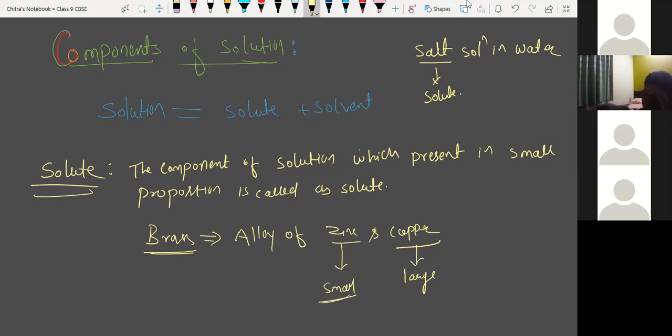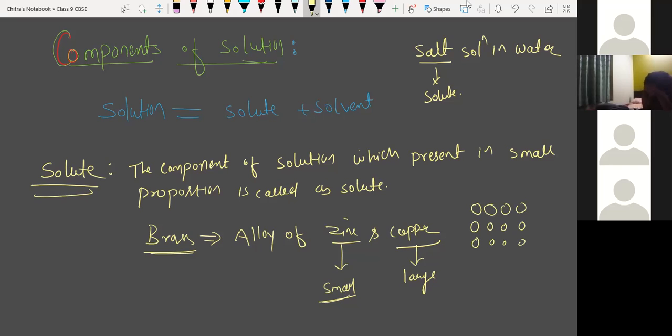Sir, what is small and large proportion? Okay. Suppose we have a solid of copper. I am drawing here the particles of copper.